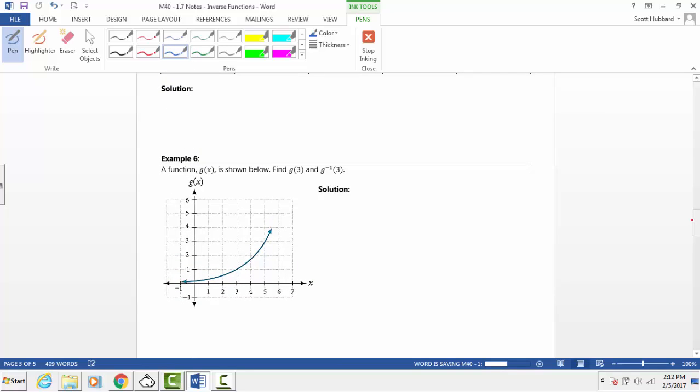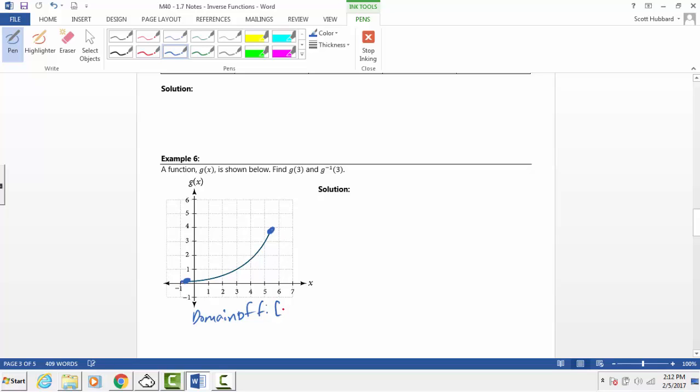So for instance, let me do that problem again. This function has an inverse. So the domain of this graph, let's say of f, looks like it just stops here and here.